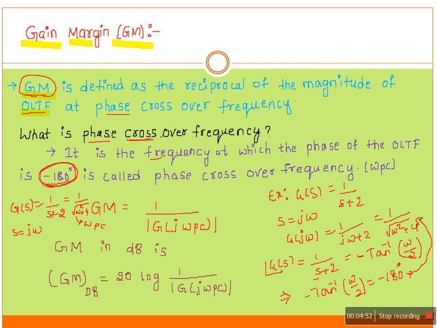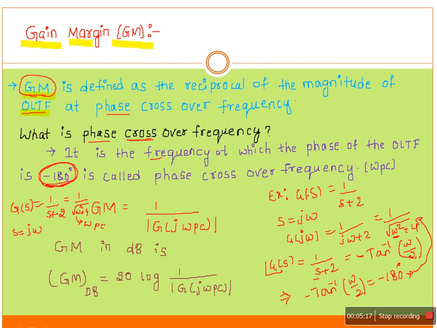I hope my point is clear. I am taking one open loop transfer function and calculating its magnitude, but I need the omega value here. Omega is the phase crossover frequency, the frequency at which the phase of the open loop transfer function is equal to minus 180 degrees.